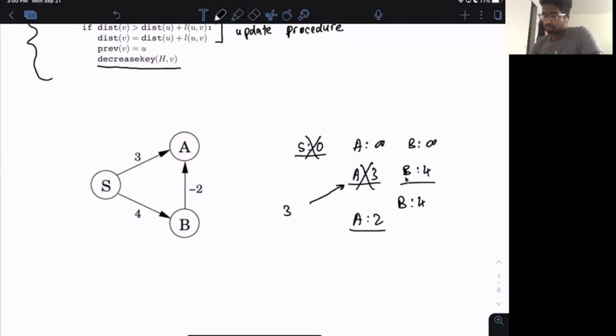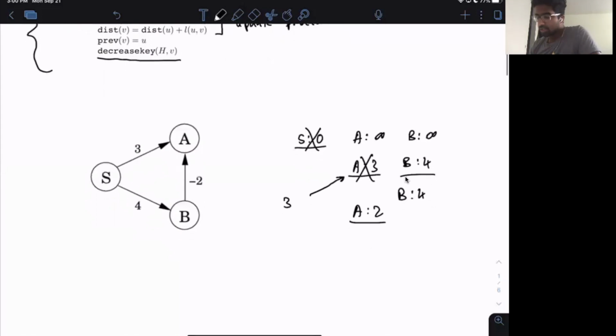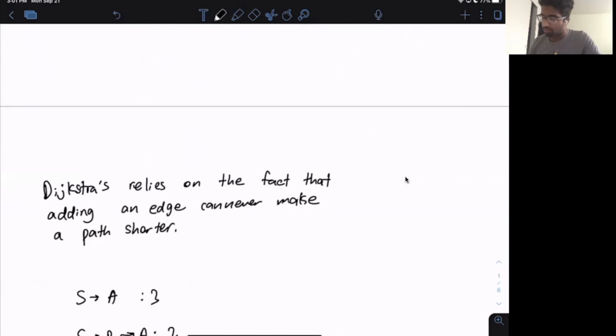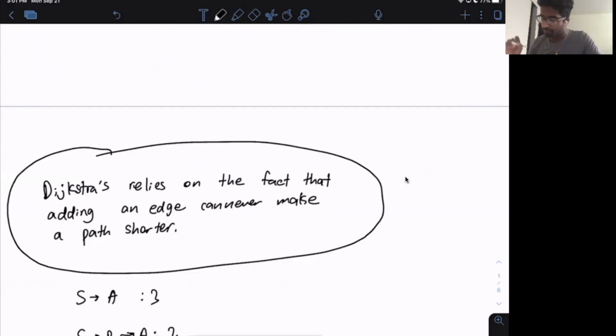The problem arises because of the fundamental assumption that Dijkstra's makes. Dijkstra believes that adding on edges in the future would only increase the cost, right? No edges in the future would help decrease the cost. I've summarized that here.